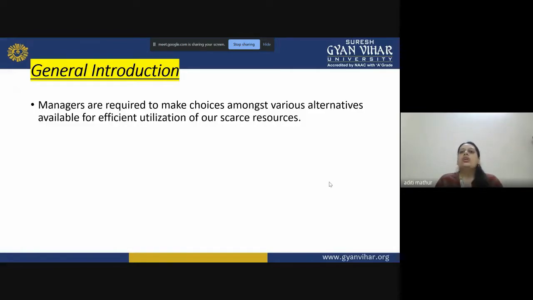What are resources? Resources are categorized into land, labor, capital, and entrepreneur. When these resources, which are scarce in nature, are there, and you have to decide which option to choose so that you can earn maximum profit and employ all the resources in an optimal, effective, and efficient manner, managers need to take very wise decisions.